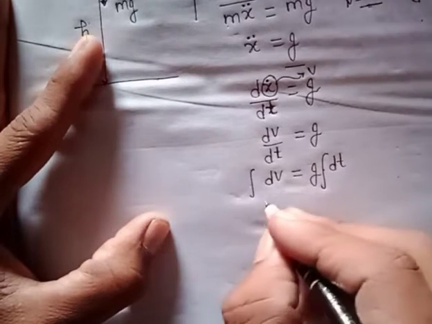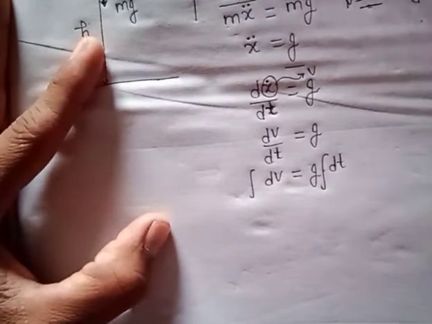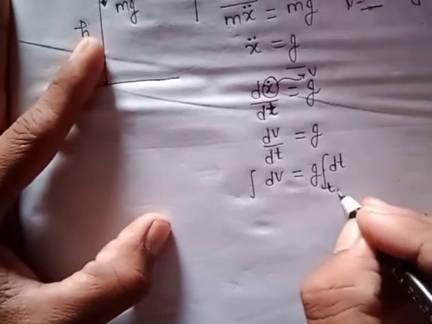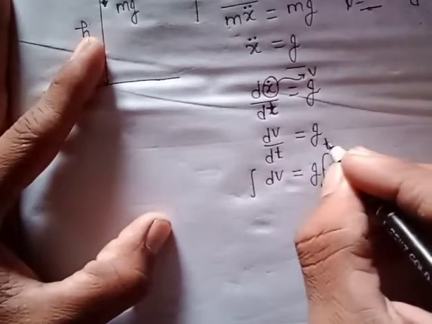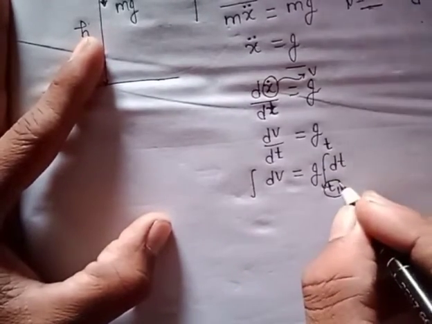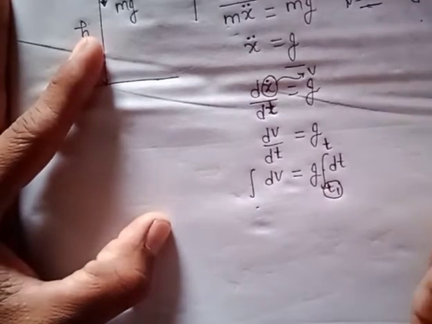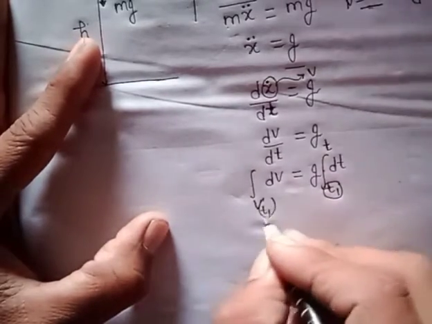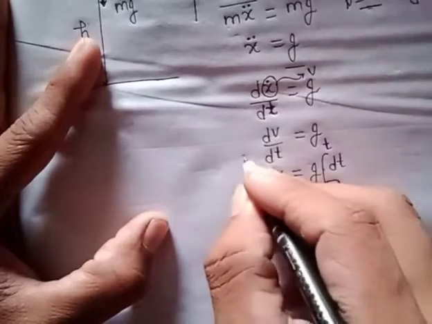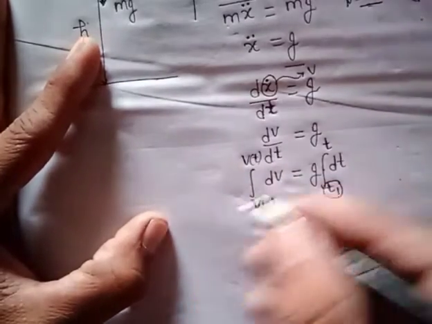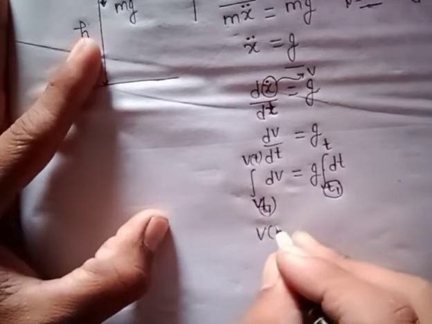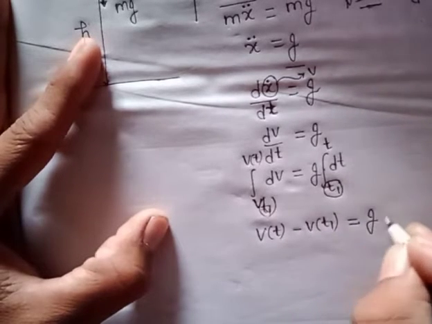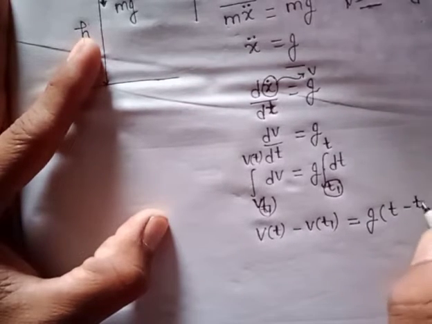Let us want the velocity at a certain time t, and it started from some time t1. So when the time is t1, its velocity will be something, let it be v of t1, and let this be v of t. So we get v of t minus v of t1 is equal to g times (t minus t1).